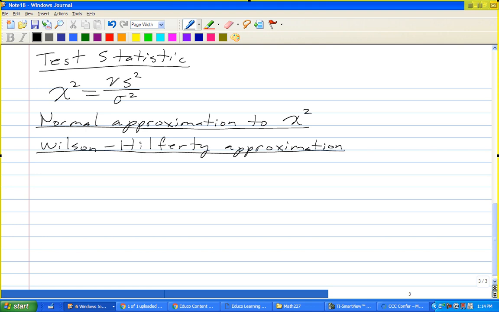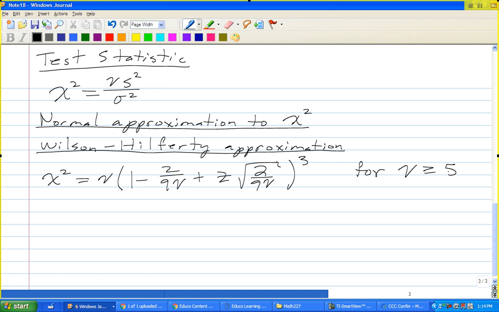So it's an amazingly good approximation. Chi-squared is equal to nu times (1 minus 2 over 9 nu plus z radical 2 over 9 nu) cubed. And, well, I say it's true for degrees of freedom greater than or equal to 5. But again, it's really true for degrees of freedom greater than or equal to 2.